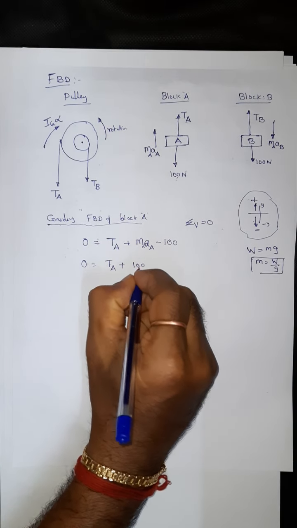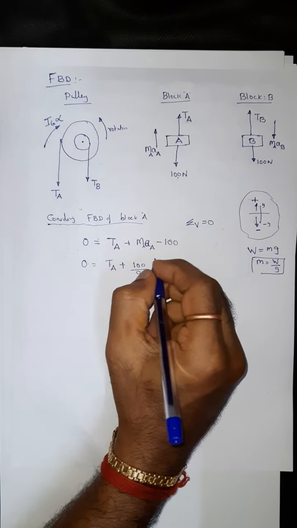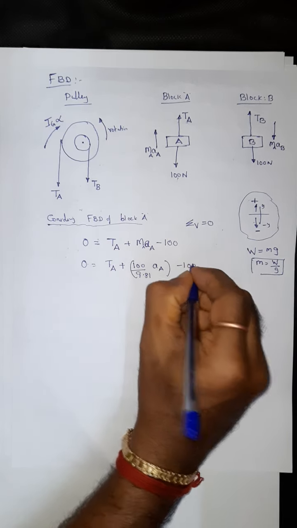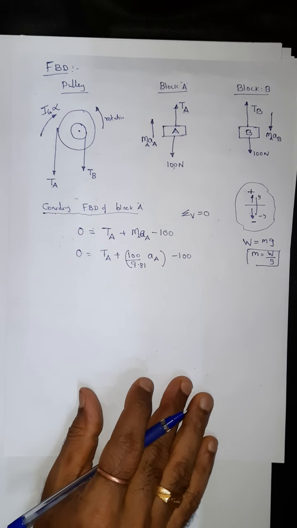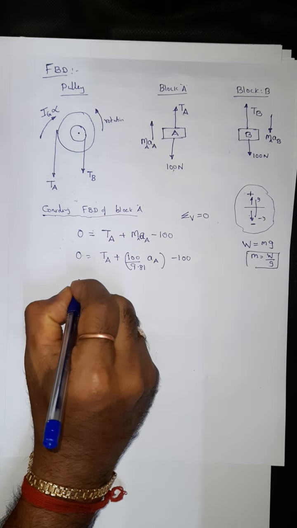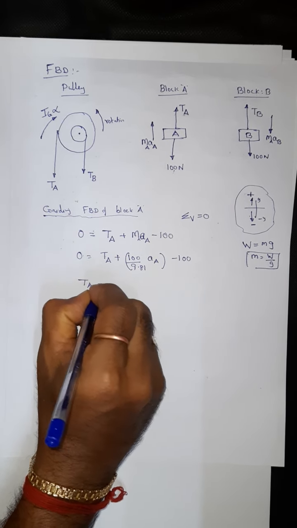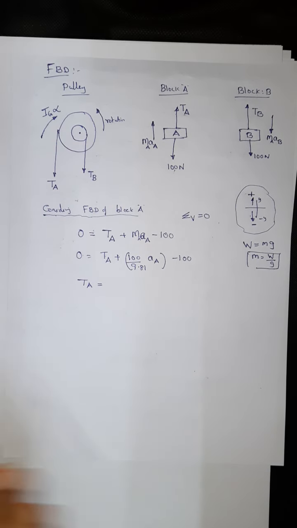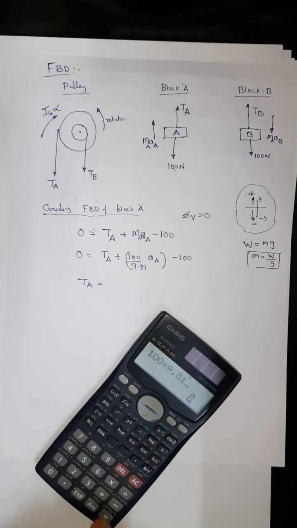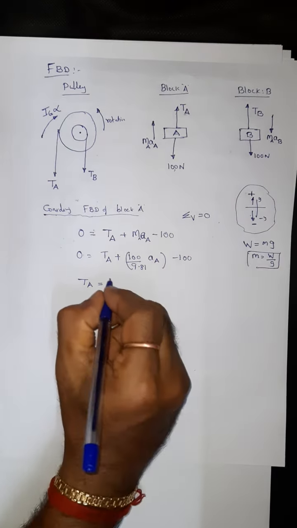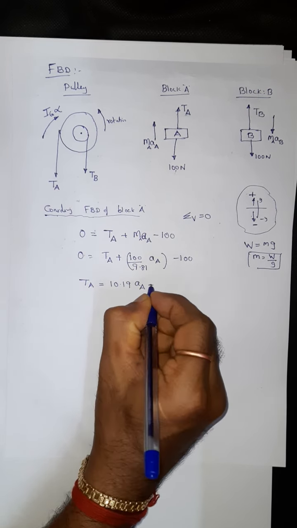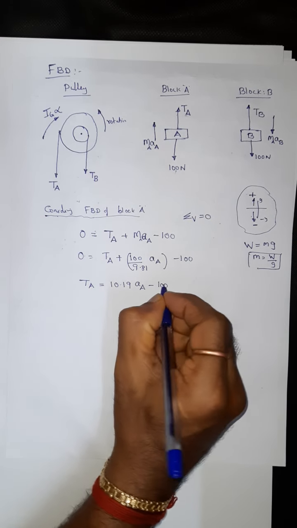So 0 equals TA plus 100 divided by 9.81 into AA minus 100. This can be rewritten as TA equal to 100 divided by 9.81, which is 10.19, times AA, minus 100.